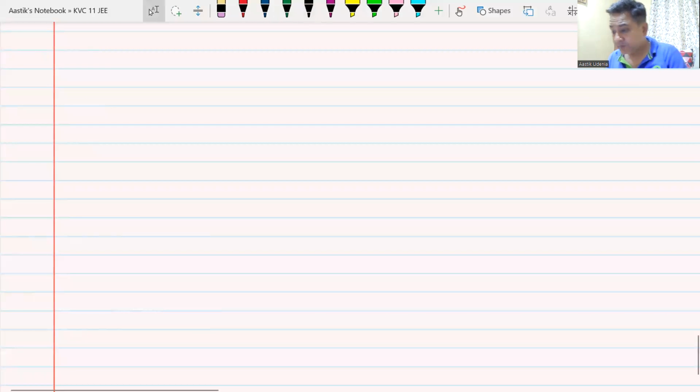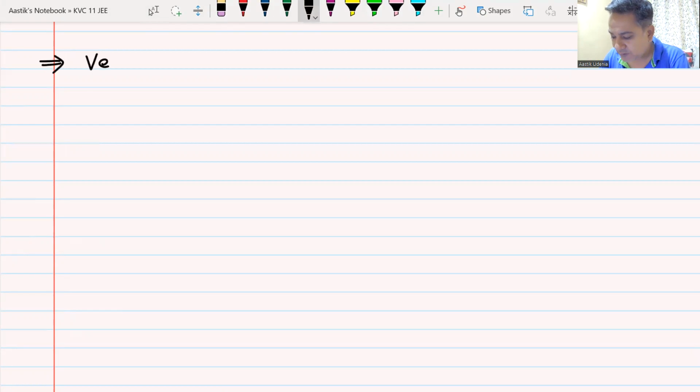Now, coming back to the important points we were talking about, we had said that displacement is a vector quantity. Now, we have defined it in terms of vector. But if you want, you can understand it in a different way.